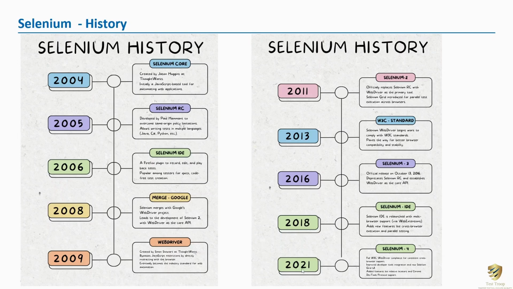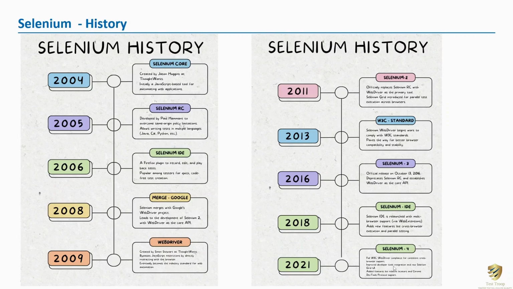In 2021, they officially released Selenium 4 with full W3C WebDriver. Till then, Selenium 3 was using the JSON wire protocol for communication between the real browser and your client libraries.